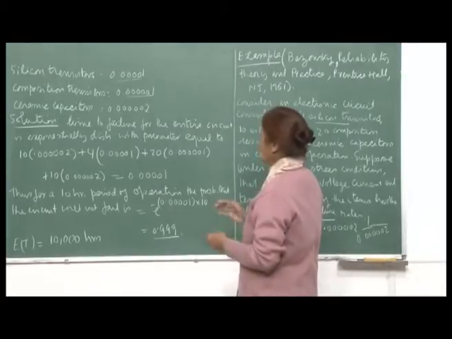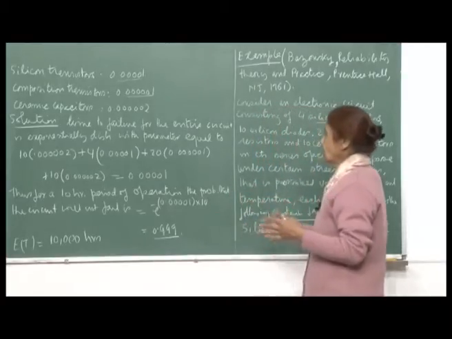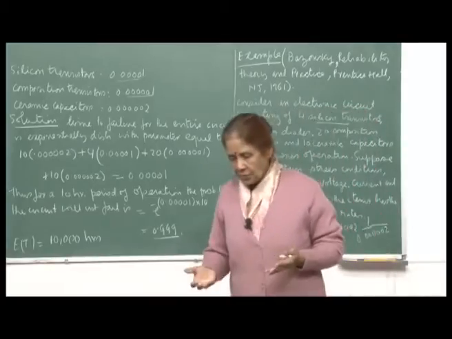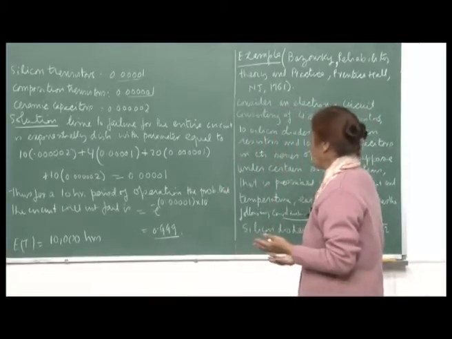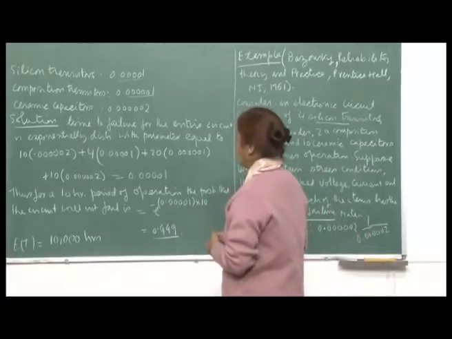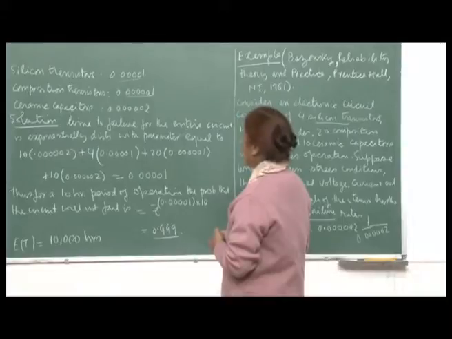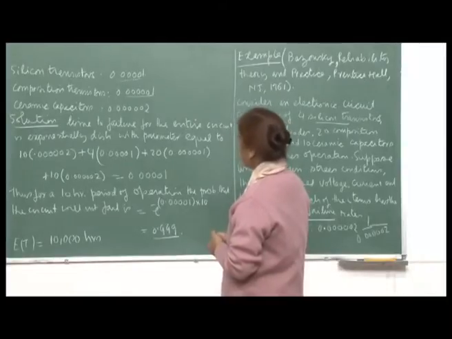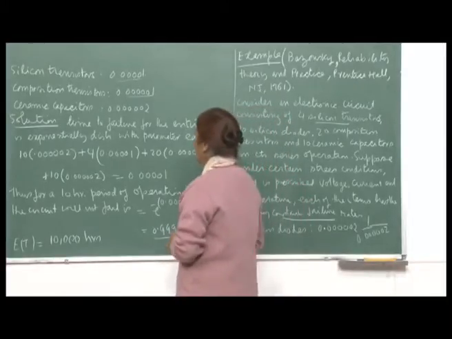So, if you have many components hooked up in series, each following an exponential failure law, then the failure law for the whole system will again be exponential with the parameters added up.